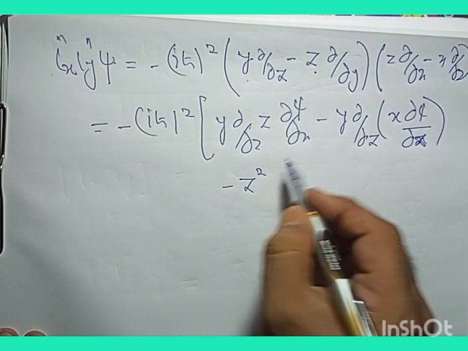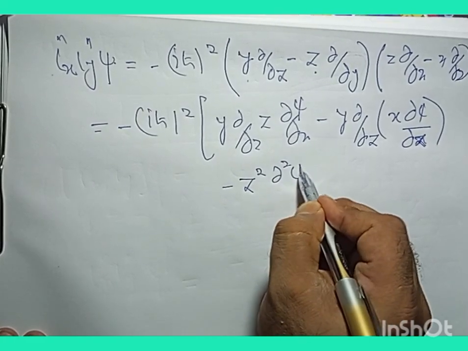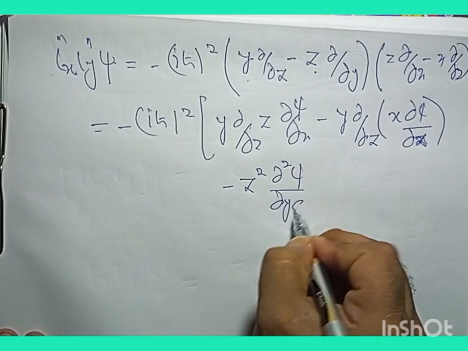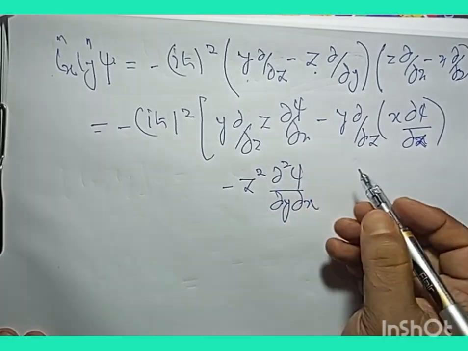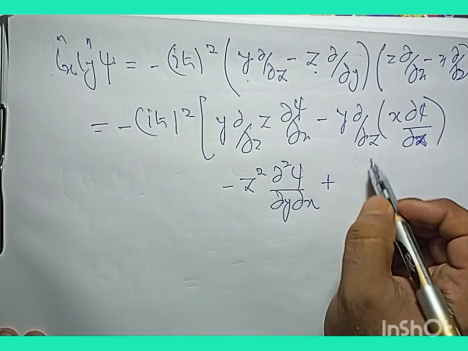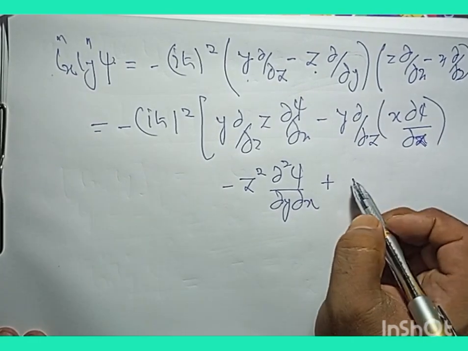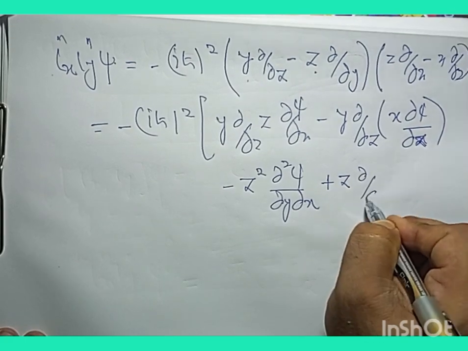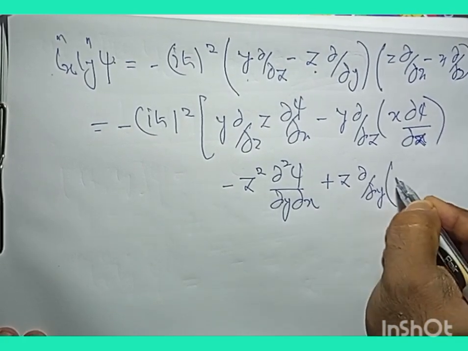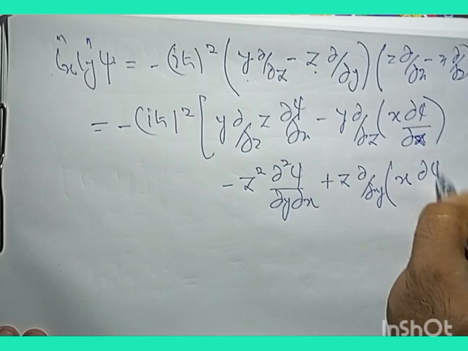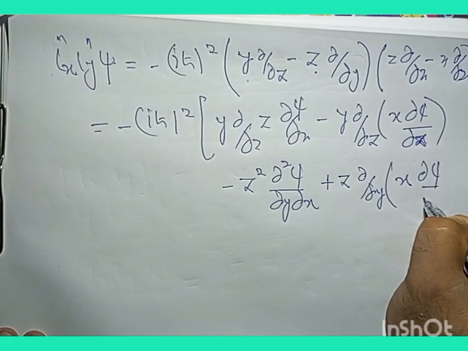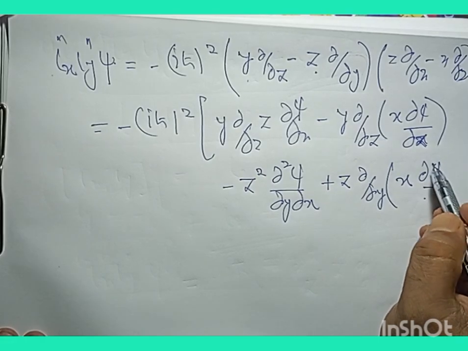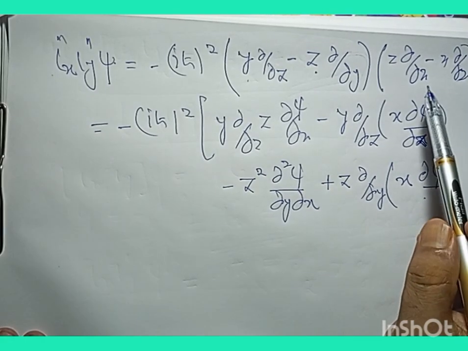And then we will have the double derivative ∂²ψ/∂y∂x. Yeah, that's fine. And then plus the final term, because minus and minus will give us plus, that will be z ∂/∂y times x, then we'll have ∂ψ/∂z, the last term.